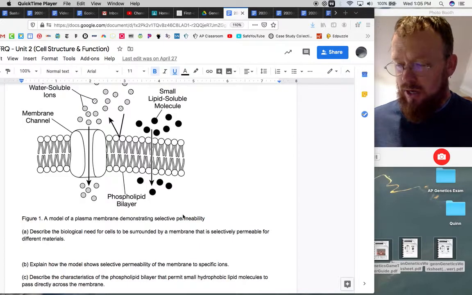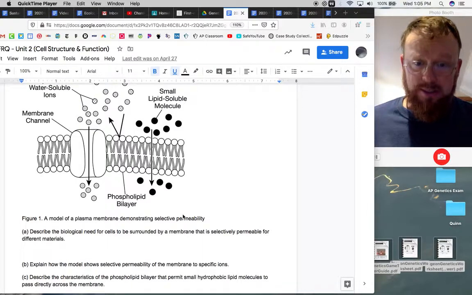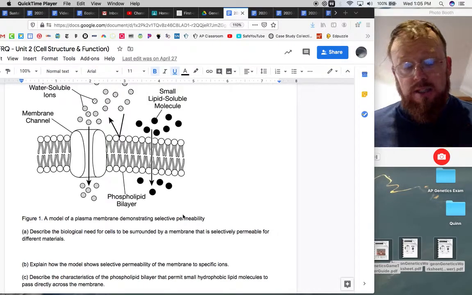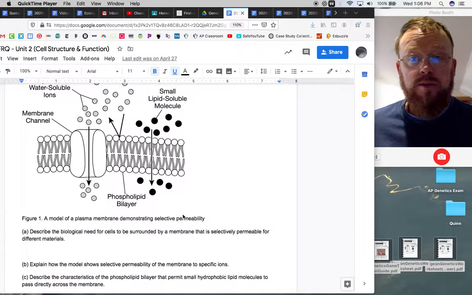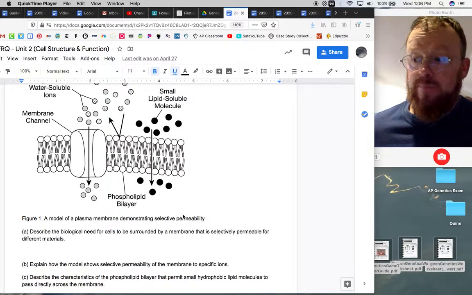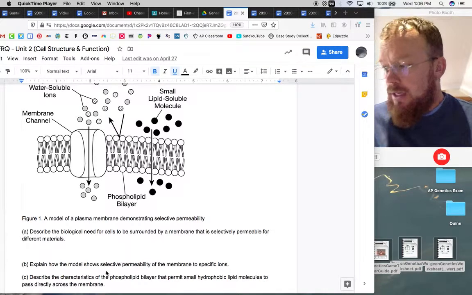Those are ways you could describe that. You could also say the selective permeability allows for a cell to keep different concentration gradients for different molecules established across that membrane. That's basically it there.